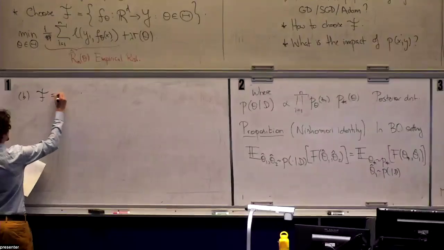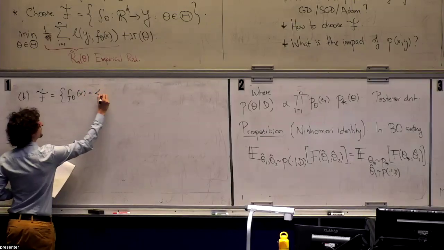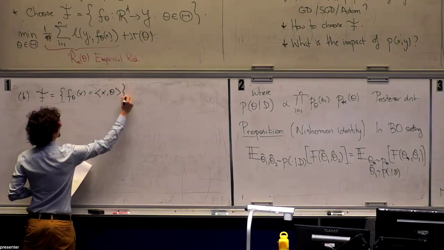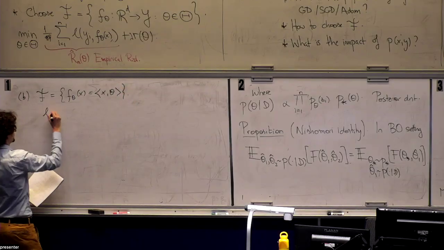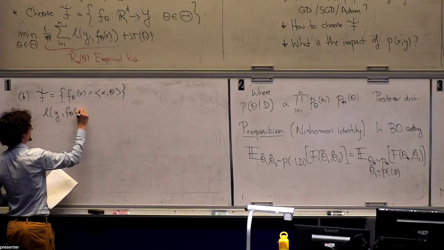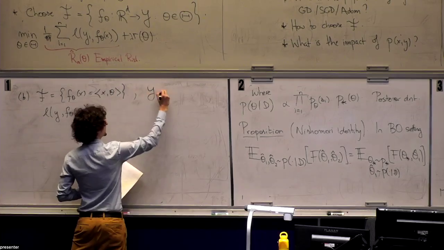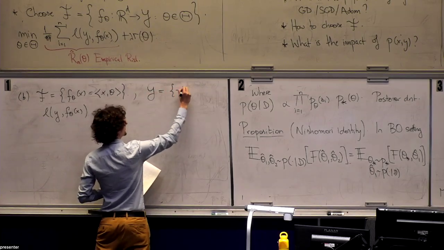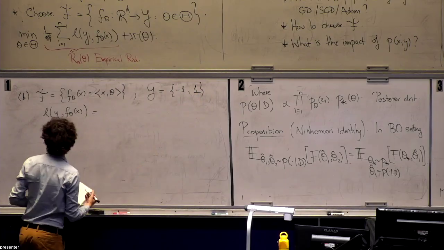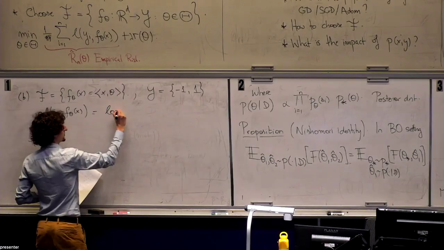Again, the hypothesis class can be taken to be linear functions. The loss function is a logistic loss. So let me take the set of labels to be just binary classification, where I encode the labels plus or minus 1.